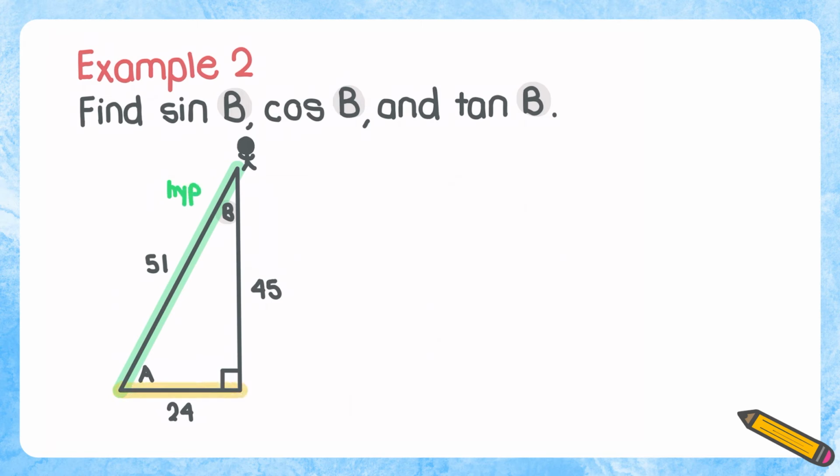This side will be the opposite side across from where I'm standing. And lastly, we have the adjacent side, the side right next to us. So again, let's use this idea of SOHCAHTOA to help us set up trig ratios.